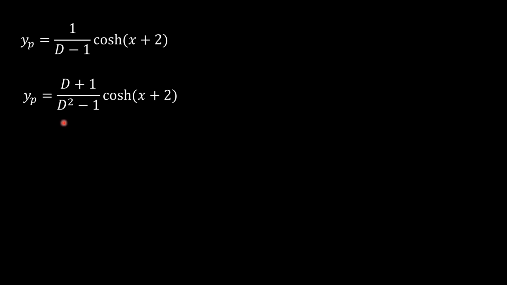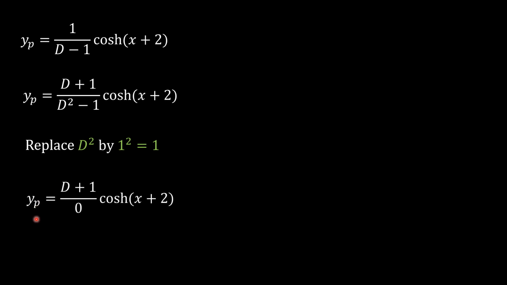In this way we got a D square term in the denominator. Now replace it by 1. So we got yp equal to D plus 1 upon 0 of cos h of x plus 2. See, with this our denominator becomes 0, which is a case of failure.